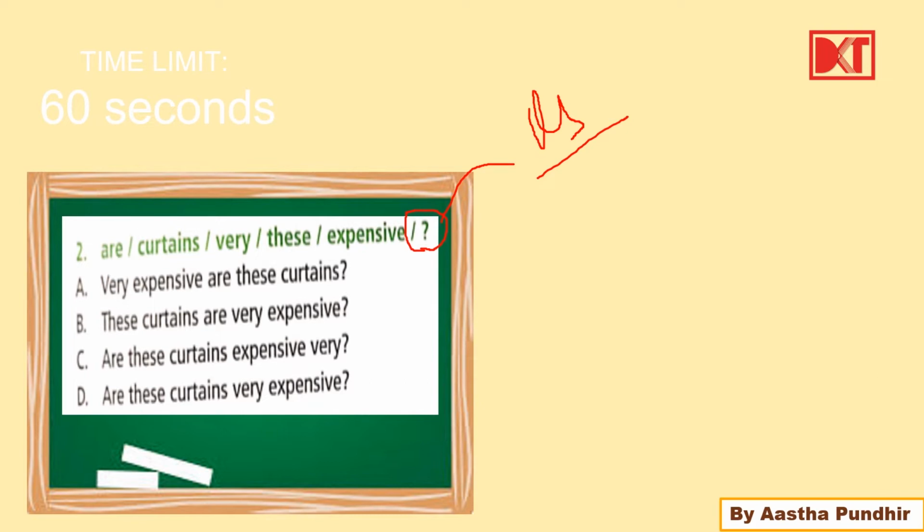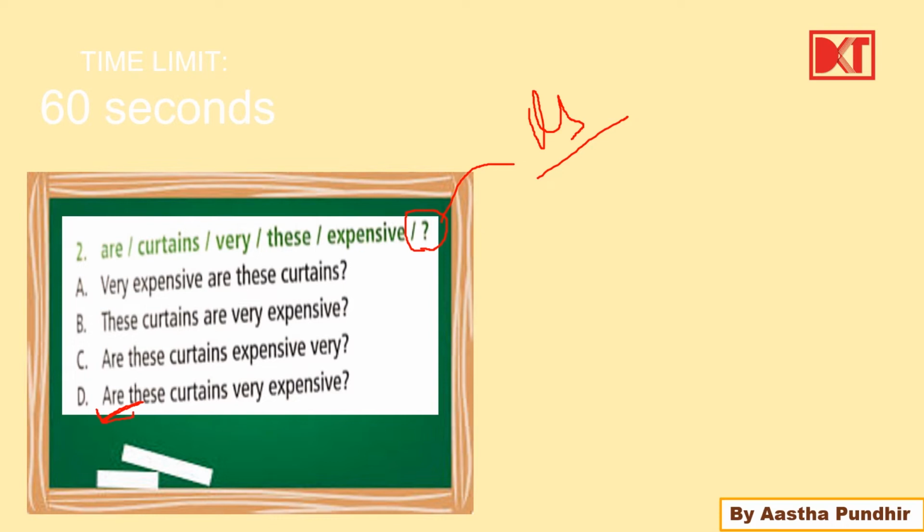A. Very expensive. Are these curtains? B. These curtains are very expensive. C. Are these curtains expensive very? D. Are these curtains very expensive? So here, what are we talking about? We're talking about the curtains and we are asking whether these curtains are very expensive. Now the questions, whatever questions we do, they start with the verb, alright?